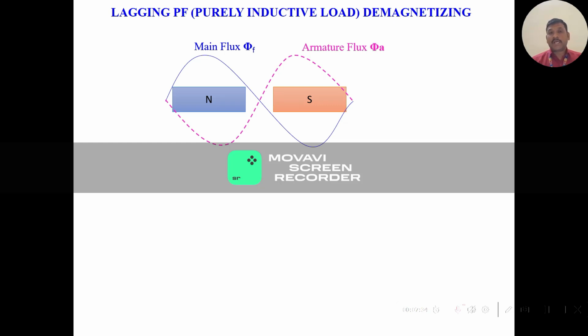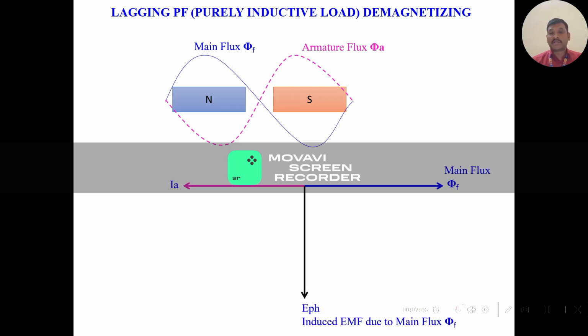So this armature flux phi A opposes the field flux, and it leads to the reduction in the resultant flux. This happens when you are connecting the inductive load across the terminals of the alternator. So the alternator produces demagnetizing effect.